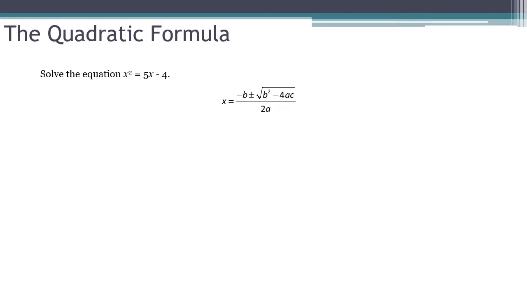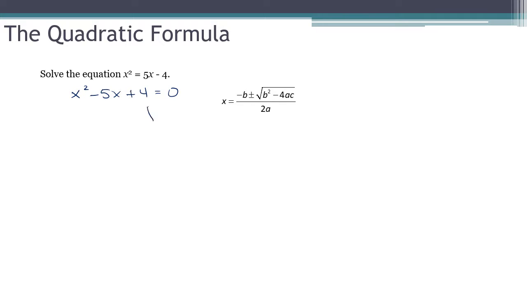Just like every other time we've solved a polynomial equation, I have to start off with it equal to 0. So let's do that. I'm going to subtract 5x from both sides, x squared minus 5x, and let's add 4 to both sides also, plus 4 equals 0, and that's what I needed.